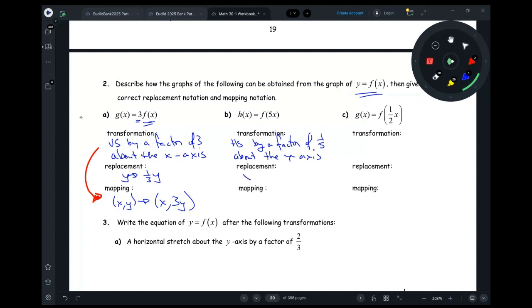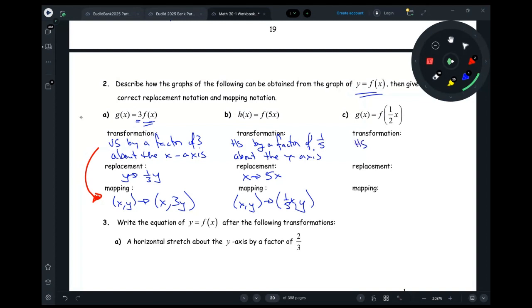In this case here, it's quite straightforward. I am replacing x with 5x, because I can see that immediately in the function. We don't isolate the x, and so what you're seeing in the function is exactly what we replaced it with. And then x comma y is going to become 1/5 x comma y.